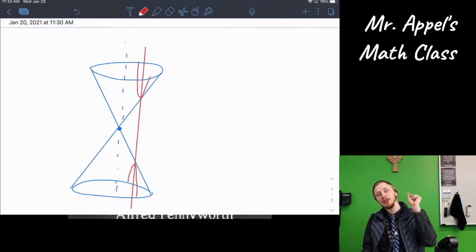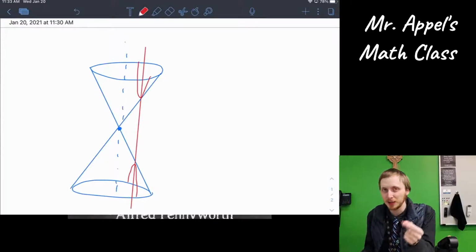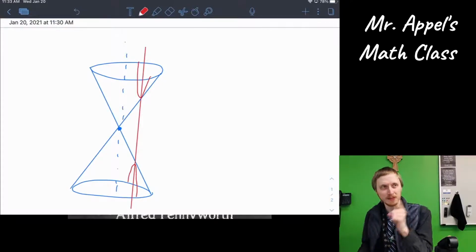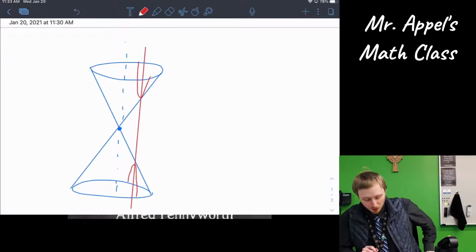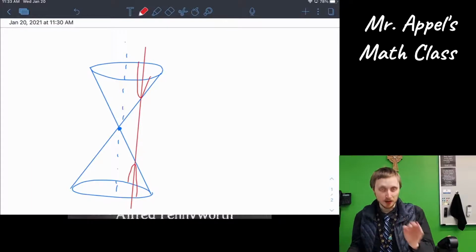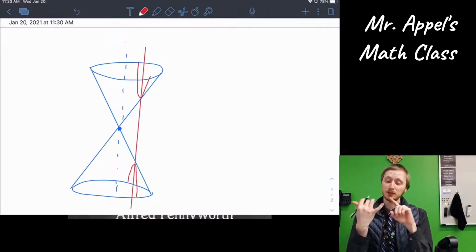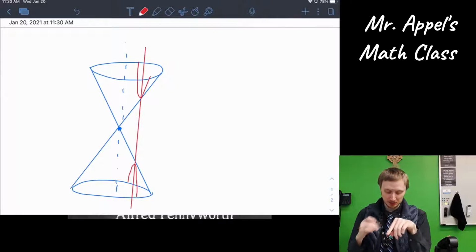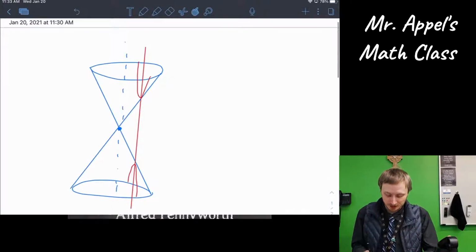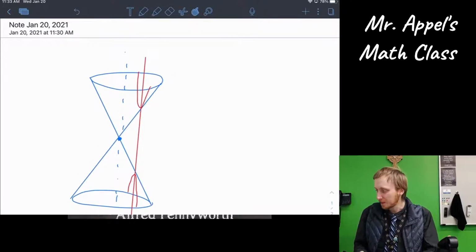And these things look almost like parabolas, but they're not. They're a little bit different. They're a little bit wonky. They are the hyperbolas. And while the graphs look kind of like parabolas, the equations actually remind us more of the ellipse. Okay? They do weird stuff.